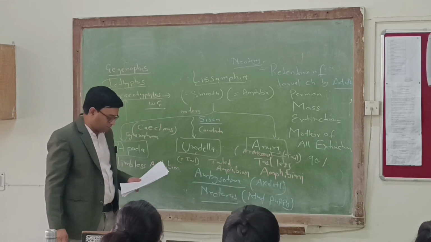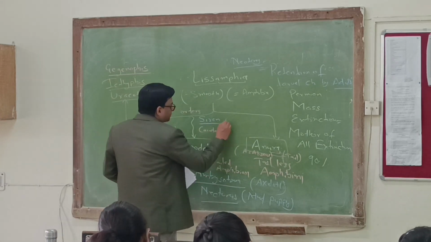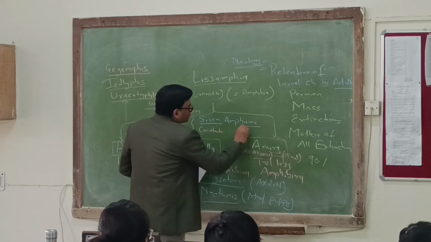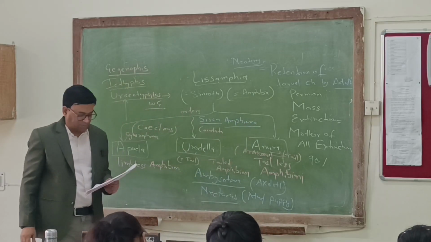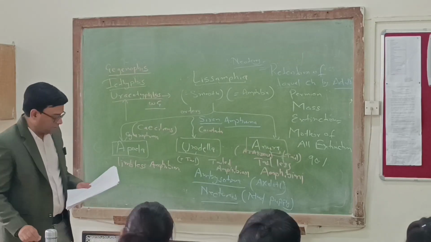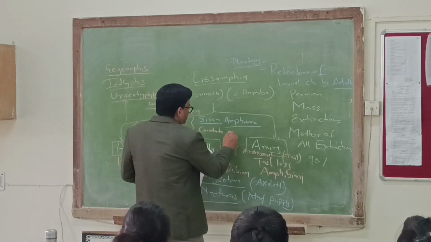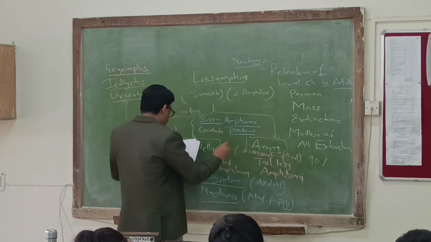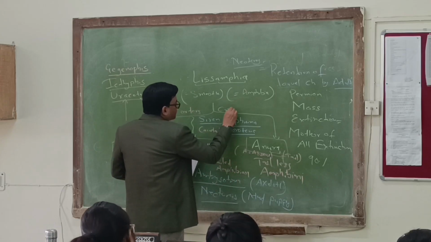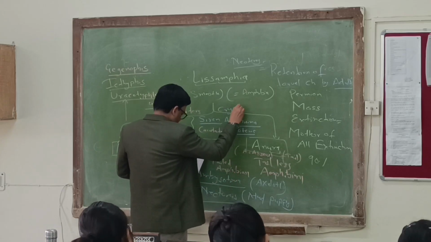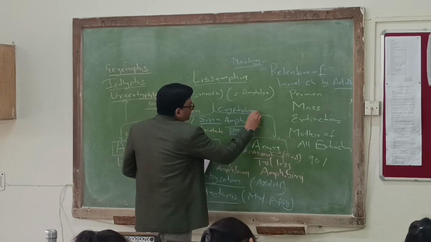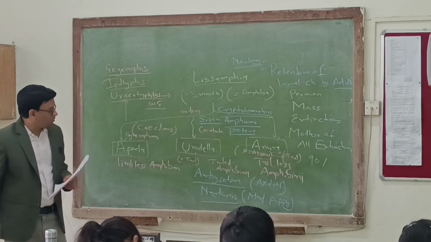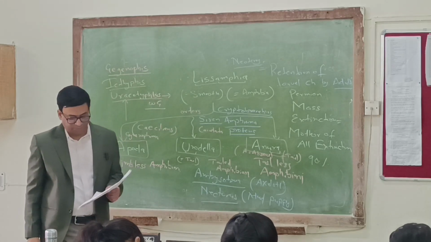Siren, then Ambystoma. So these are the present-day amphibians. Then, if you want to write Proteus, then Cryptobranchus, these are a few of the Urodela.